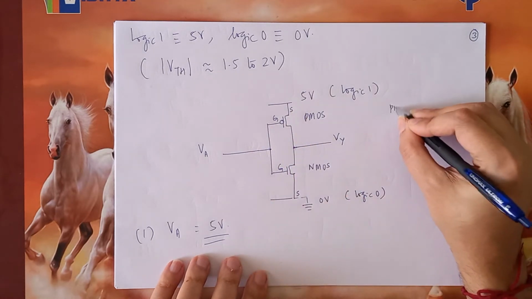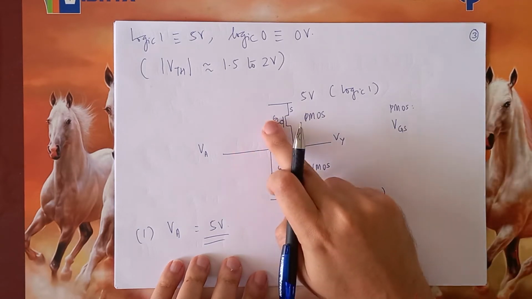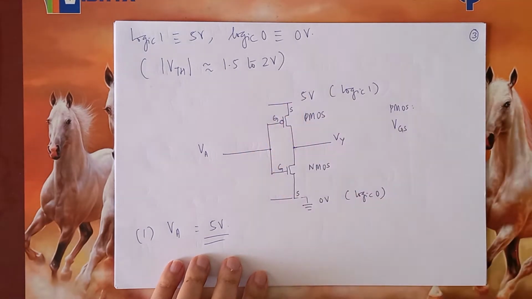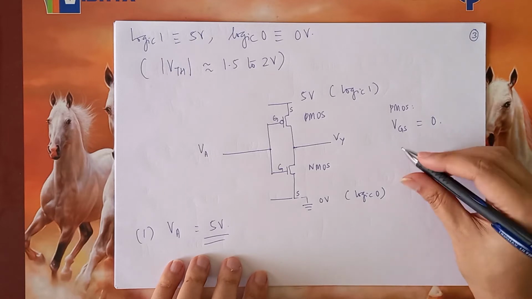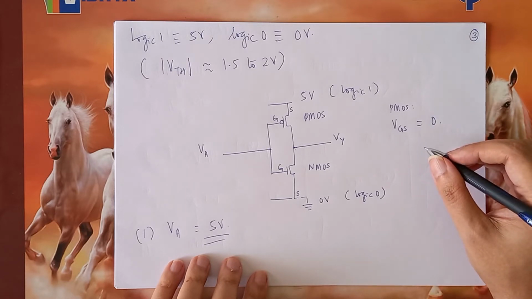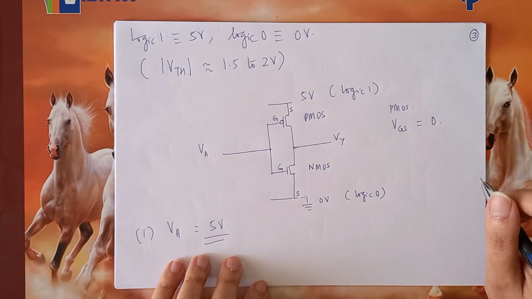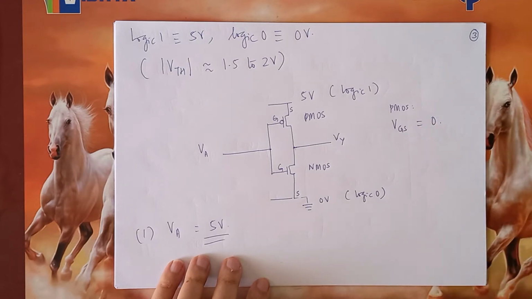For the PMOS, what is the VGS? VG is 5 volts and VS is also 5 volts. So therefore VGS is 0. Will this be on or off?